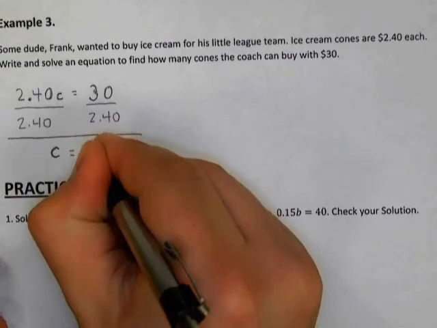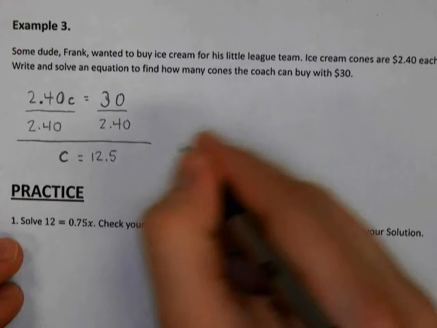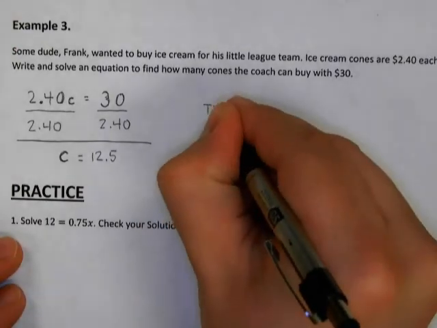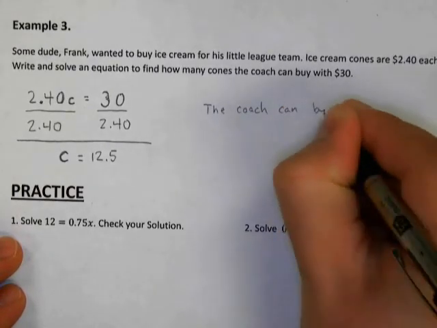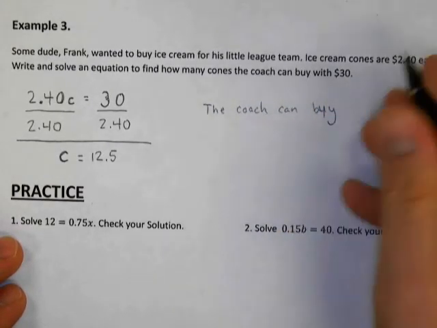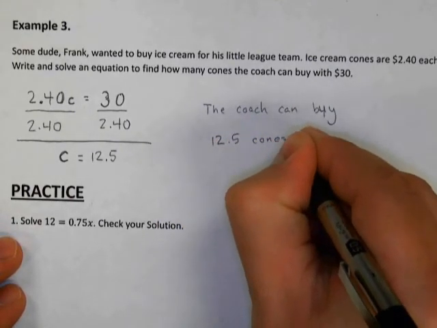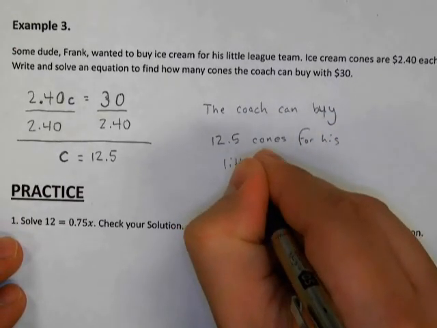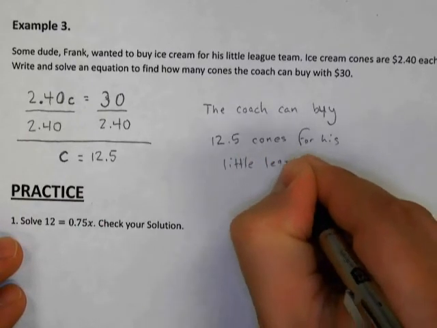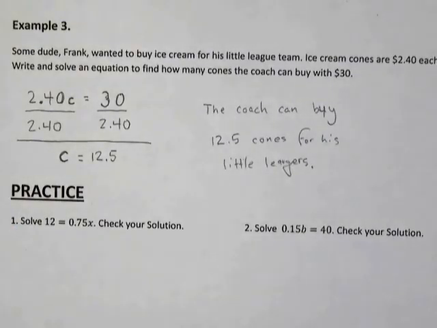Therefore, C equals 12.5, and I can say the coach can buy 12 and a half cones for his little leaguers. You get the point. Okay, so 12 and a half cones.